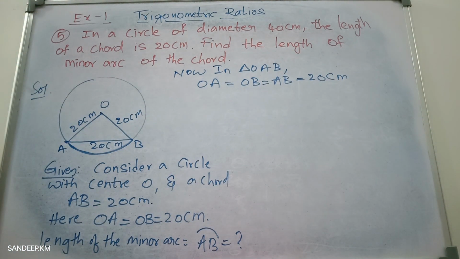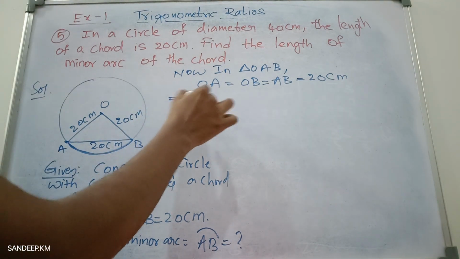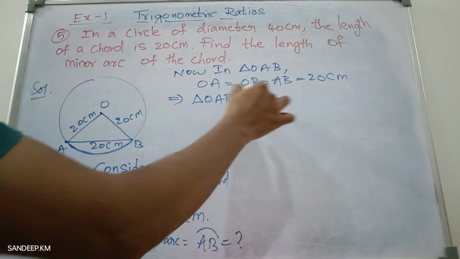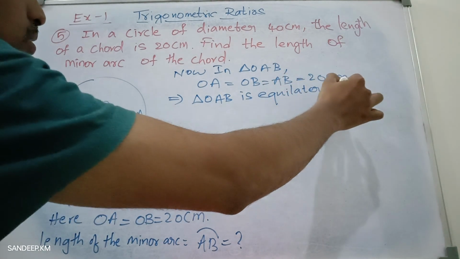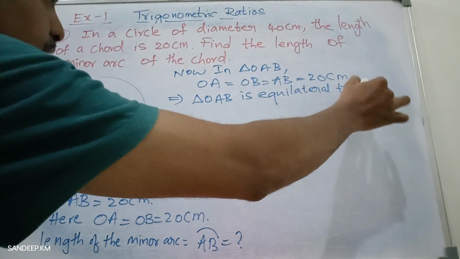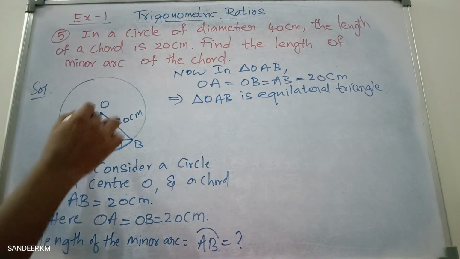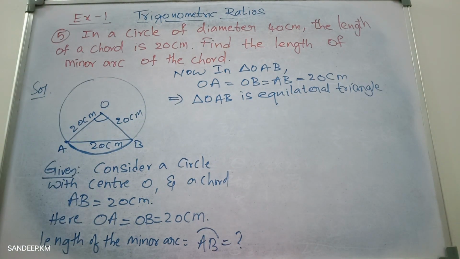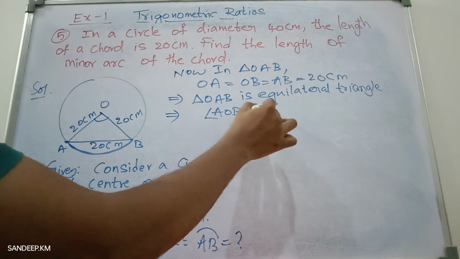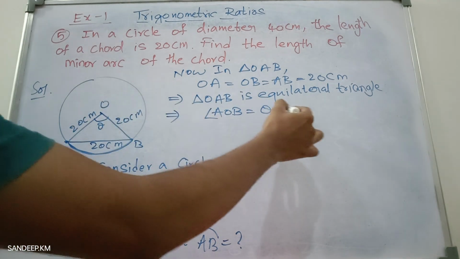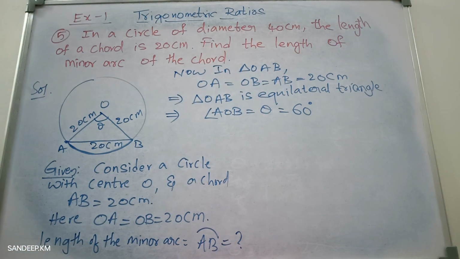When all sides are equal, we know that the triangle becomes an equilateral triangle. That implies triangle OAB is an equilateral triangle. And we know that in an equilateral triangle, each interior angle is 60 degrees. So that implies angle AOB, which is also taken as theta, is equal to 60 degrees.